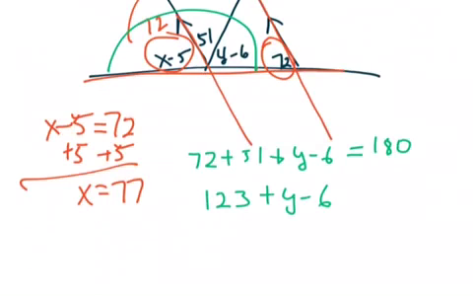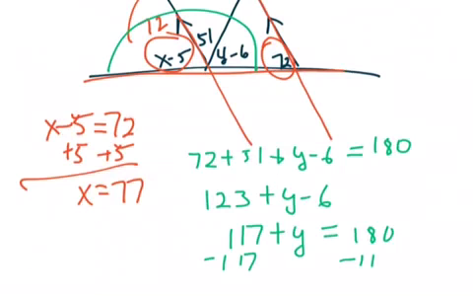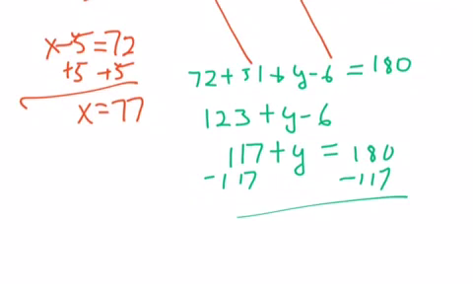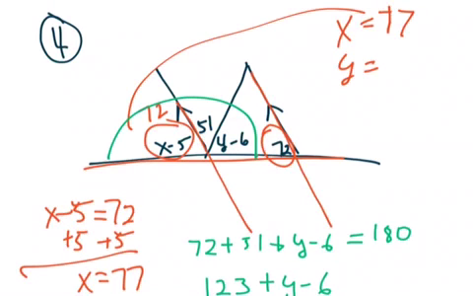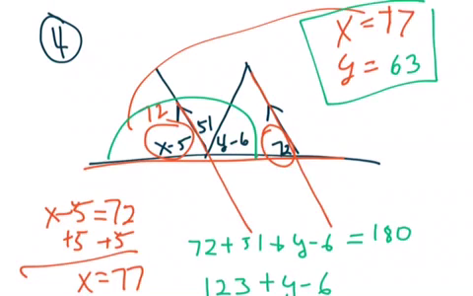So 123 minus 6 is 117 plus y is 180. So take away 117 from both sides, and you'll get 180 minus 117 is 63. So that's what y is. Y is 63. So answer 77 and 63.